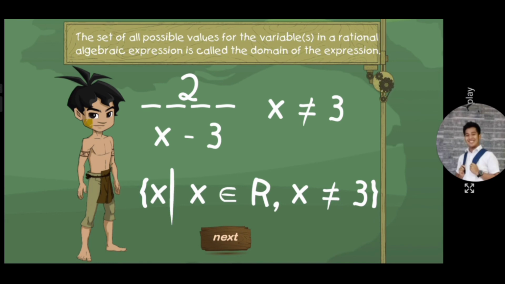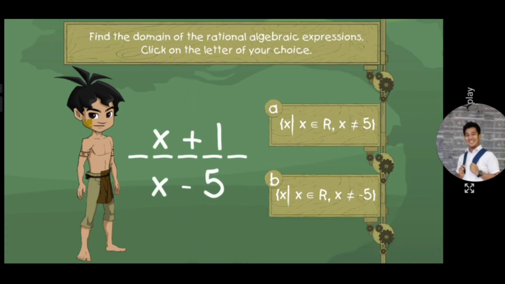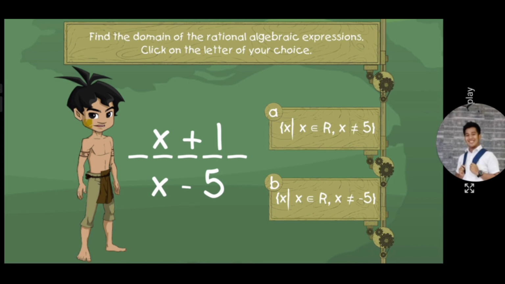So again, the braces, and then we're going to read this as the set of all x such that x is an element of real numbers. How about this one? We're going to find the domain, and the answer should be positive 5 or negative 5. The set of all x such that x is an element of R, where x is not equal to positive 5.